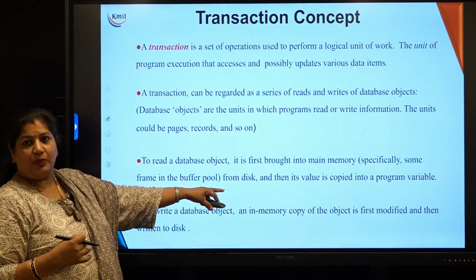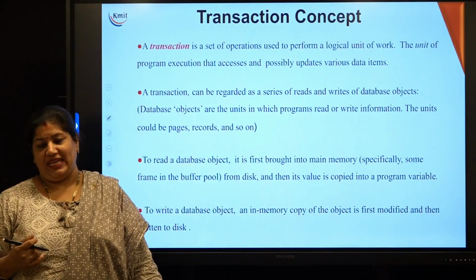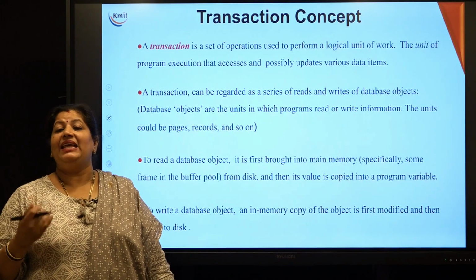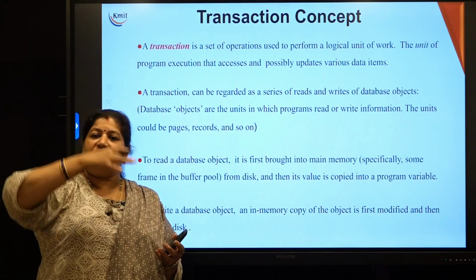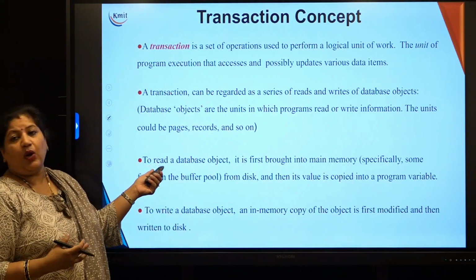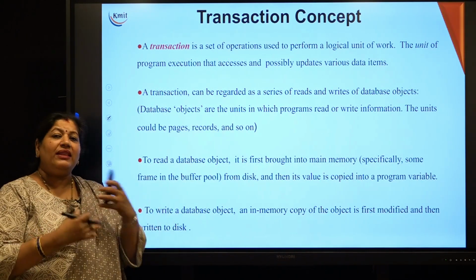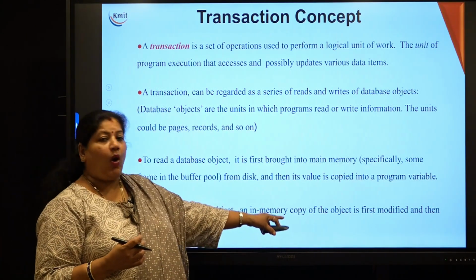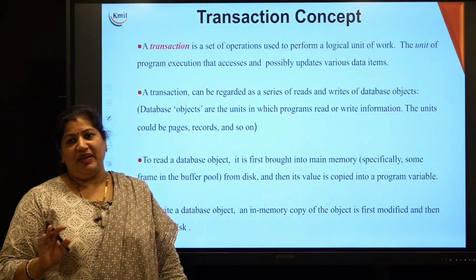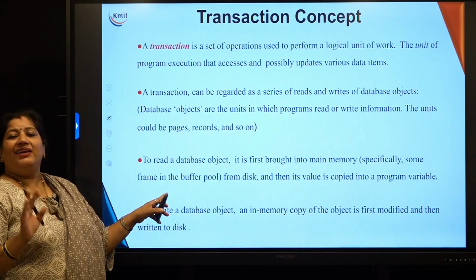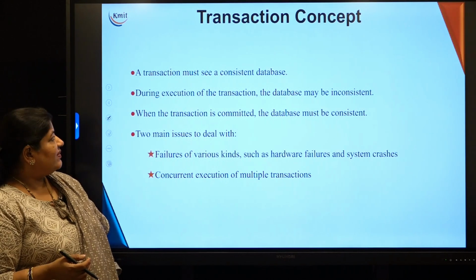From the disk it has to be read and its value will be copied into a program variable. So, when I say read A to a temporary program variable from the stored location, this is the read operation. Similarly, when I say write, you make the modification to the local copy of that data first and then write it into the database. So, basically I can say a transaction is a series of read and write operations.